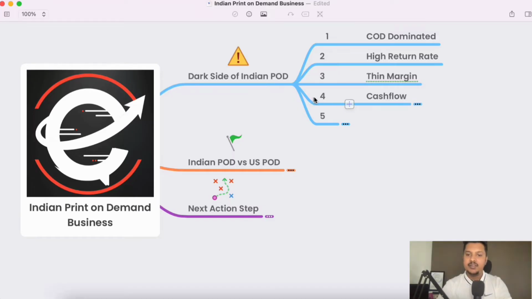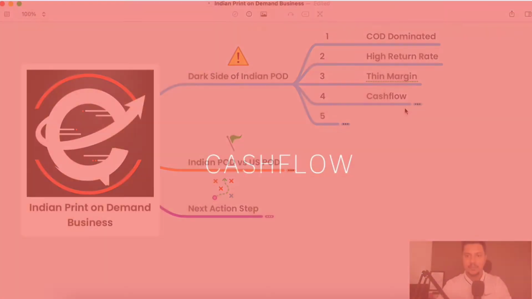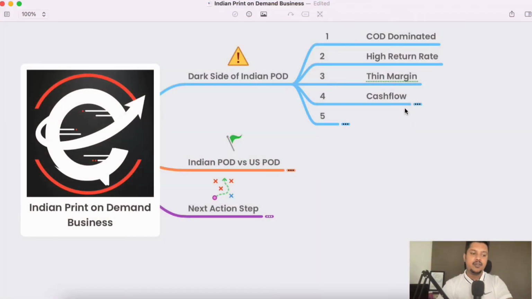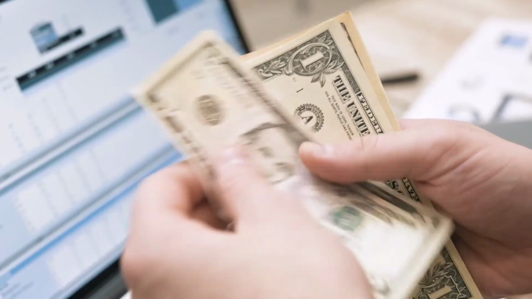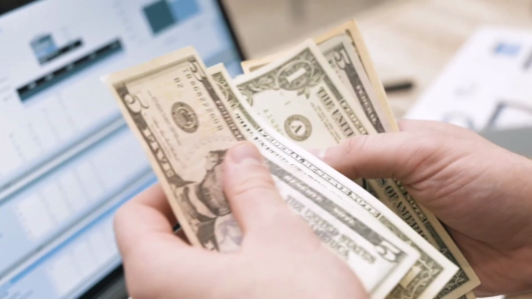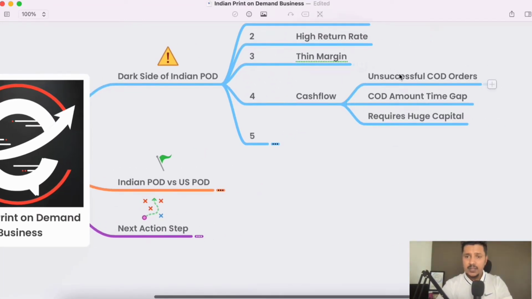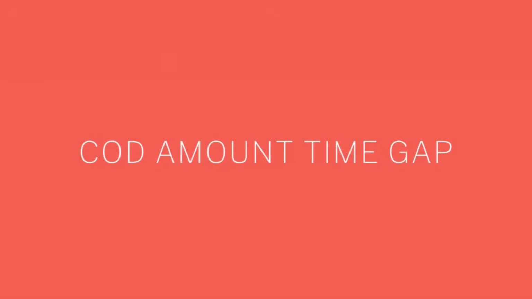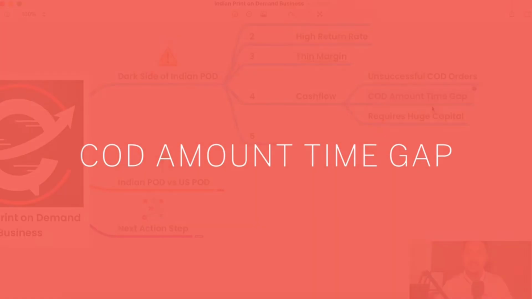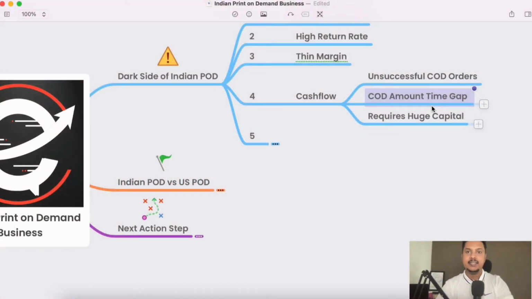Now let's look at the fourth one, which is cash flow. Like I said, 90% of your orders are going to be cash on delivery. Because of that, you need a huge cash flow to sustain in the Indian POD game. Mainly you're going to get affected by unsuccessful cash on delivery orders, and also there is a time gap for the cash on delivery amount. Let's say I come to your website and place a cash on delivery order.